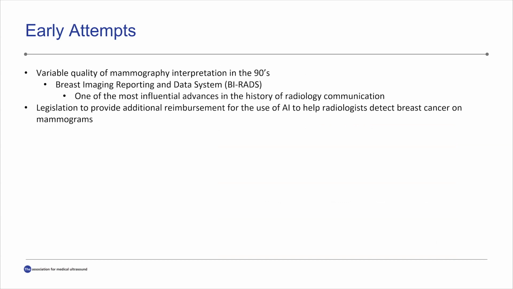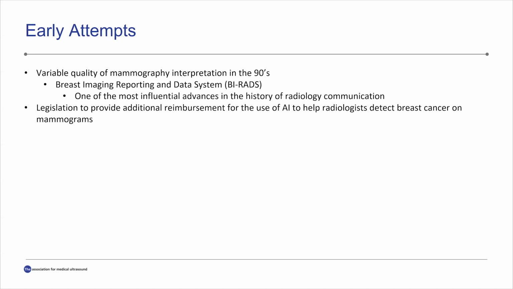So let's talk a little bit about how AI has happened in the past. Like I said, it was in the 50s when we first started talking about this. Recently is when we've really seen the spike, but it was really in the 90s that we first started to see the concept of some computer-aided detection. Back in the 90s, we were seeing a lot of variable quality in mammography interpretation.